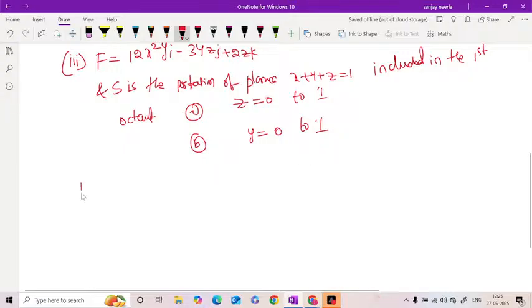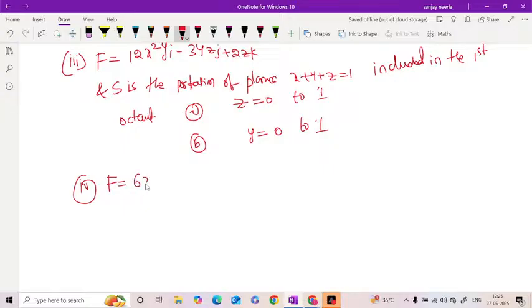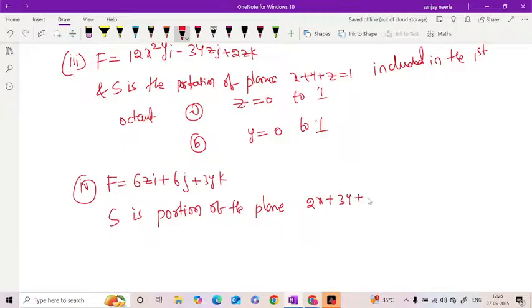Next, the fourth problem. Solve: if f is equal to 6zi, 6j plus 3yk, and S is the portion of the plane 2x plus 3y plus 4z is equal to 12, which is in the first octant.